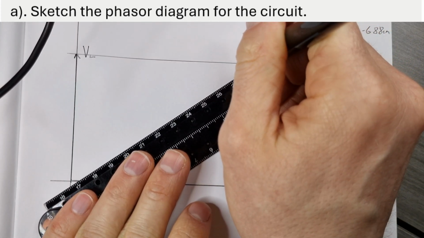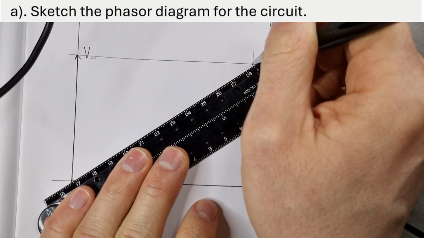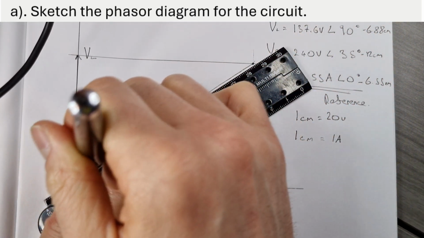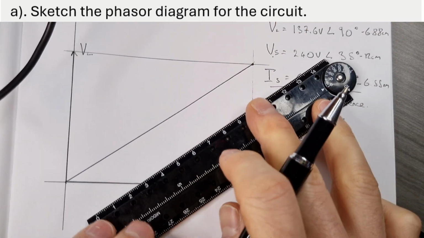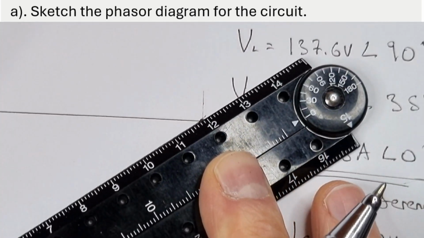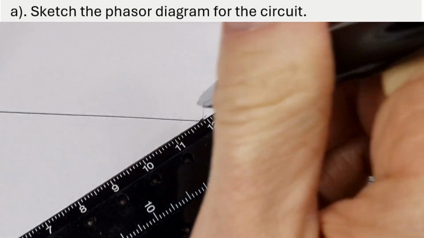To demonstrate that, I'll measure the angle in just a second to show you that it's 35 degrees. And the length is 12 centimeters. So to start with, is it 12 centimeters? That's pretty close. That looks pretty good to me, 12 centimeters.